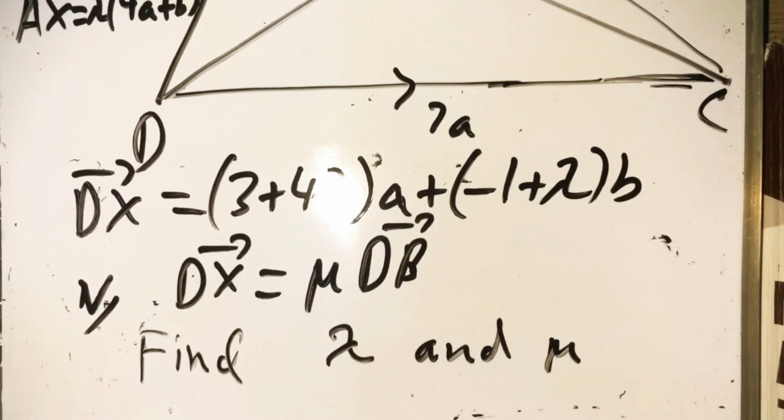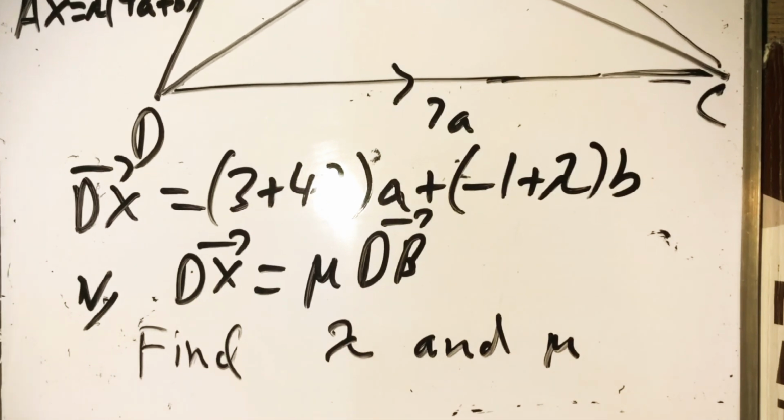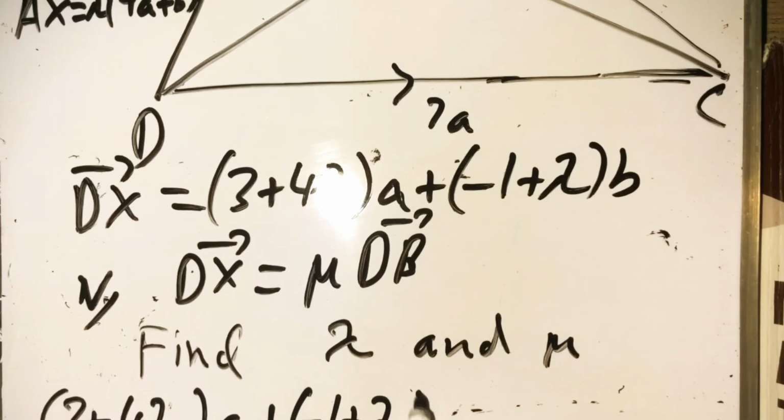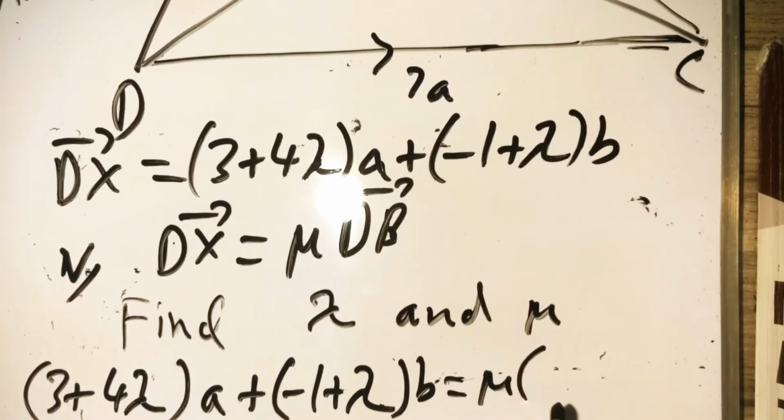Now in the next part we're given that DX is equal to nu times DB. This is nu, and you have to find the value of lambda and nu. So DX is (3 plus 4 lambda)a plus (minus 1 plus lambda)b equals nu times DB.